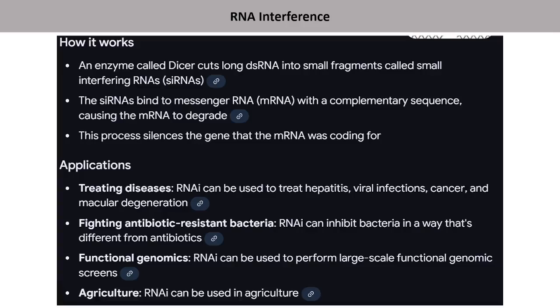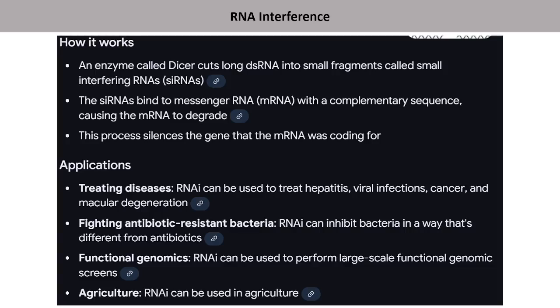So that dicer enzyme will cut those double-stranded RNAs into small interfering RNAs, which are called siRNAs. Now, these siRNAs are also double-stranded. That means the double-stranded RNA will have some sequence which will be complementary to the mRNA whose protein production we want to stop.